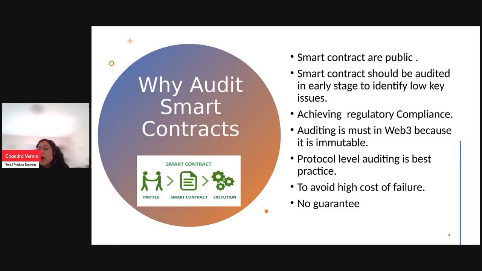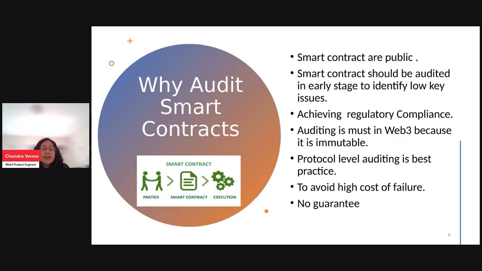Every blockchain person is using smart contracts, but not all of them are writing their own. The protocol-level developers, for them the audit process is a must, because for them security is best practice. To avoid the high cost of failure, auditing is required.